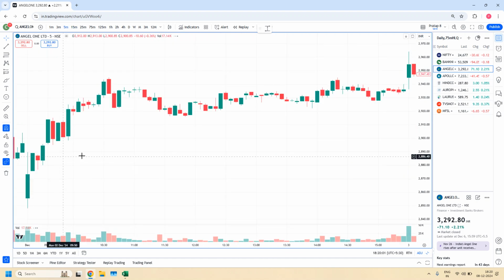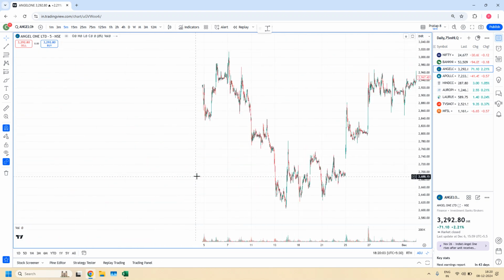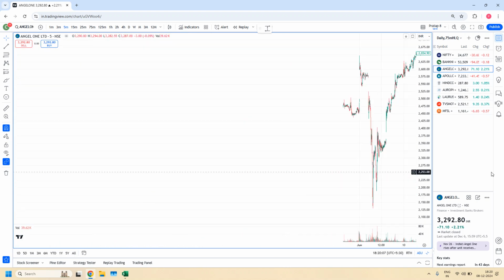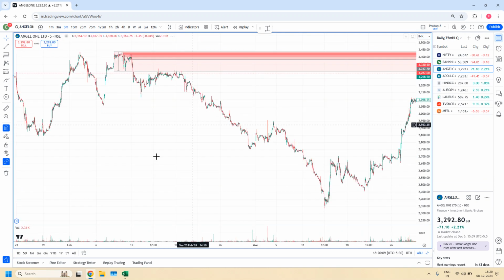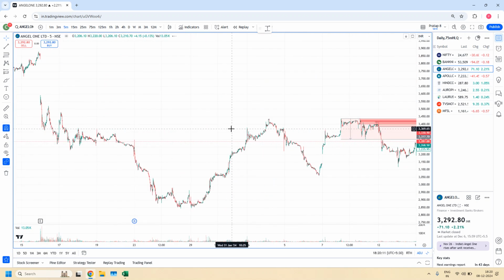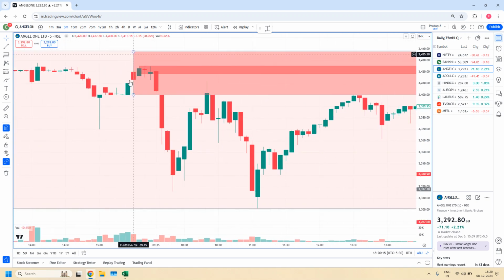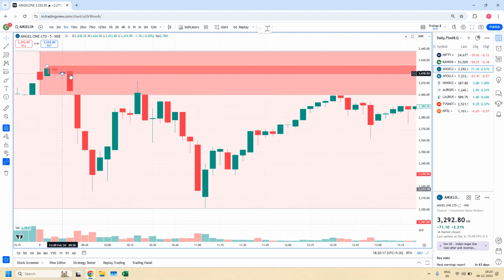Again, this one is fine-tuned with the 5 minutes time frame. Within that 15 minutes, we have a rally, 2 base candles and a drop.